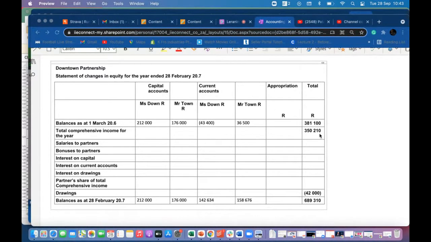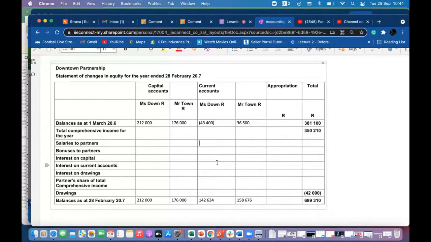Then obviously we have the profit that we had. Then we want to account for the salaries to partners, and I believe the salaries were 10,000 and 10,000. Remember, this is coming out of the current account.